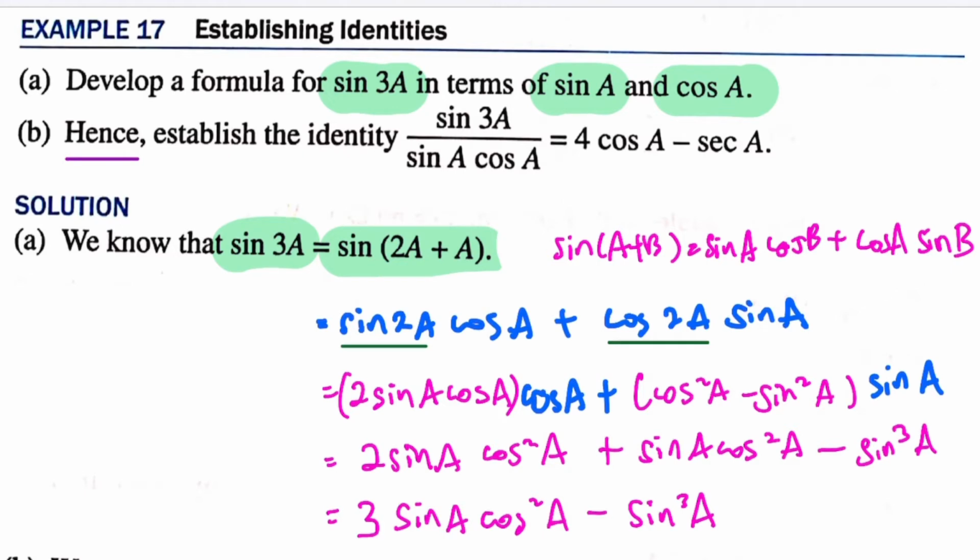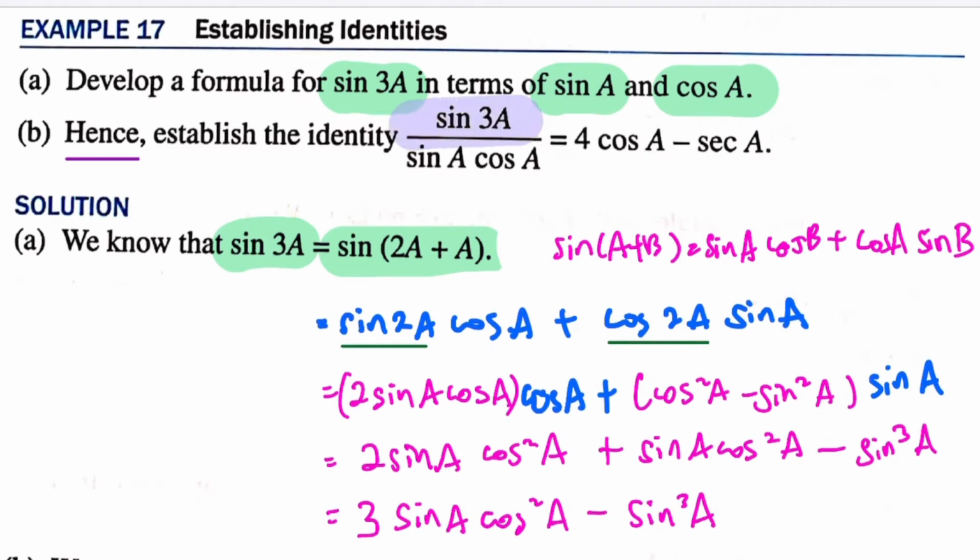Now let's read the next question. It says here, hence, meaning that you need to use whatever you have in your hand. Previously, we have the formula for sine 3A that we just developed, so we need to use it to establish whatever is asked. Let's read the question.